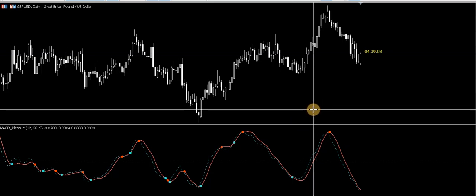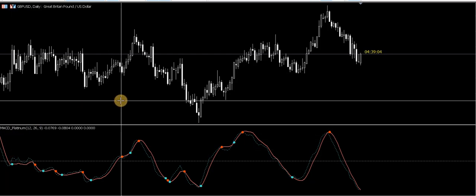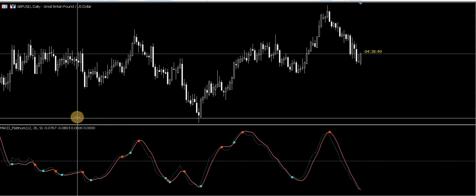Now, I was introduced to what I call the MACD Platinum through an old school prop firm setup. I won't go into the whole backstory, but it was one of their custom indicators they had, and they crashed and burned like a lot of modern day prop firms.